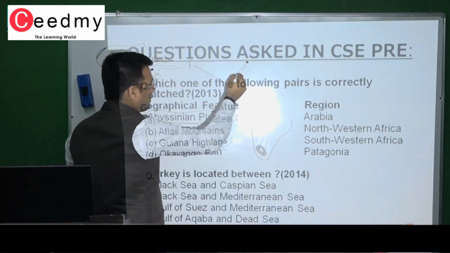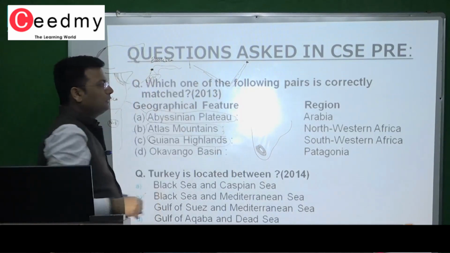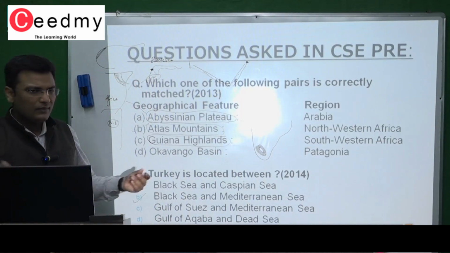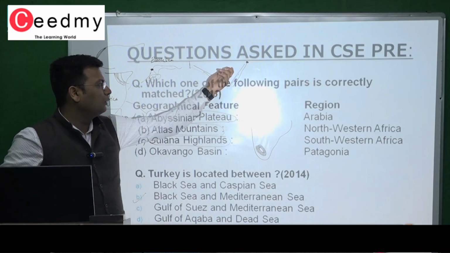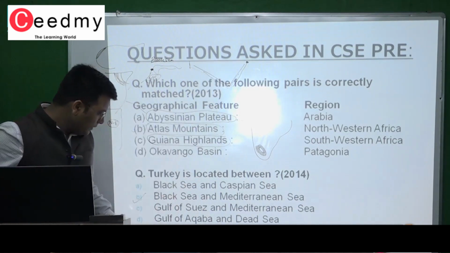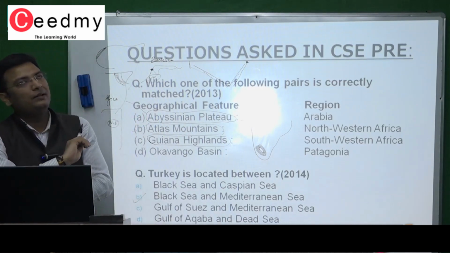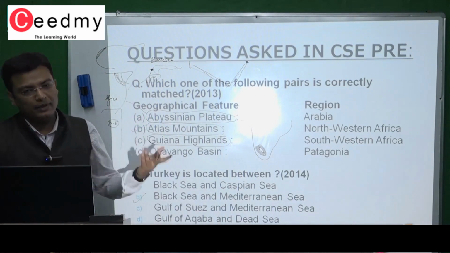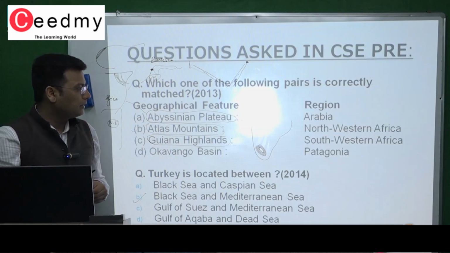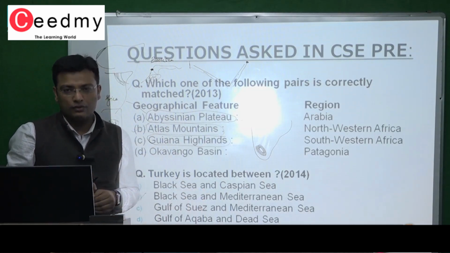So here is the Gulf of Aqaba. Here is the Gulf of Suez. So you can know that Jordan is here. Between the Gulf of Aqaba and Dead Sea, you can find the country of Jordan.